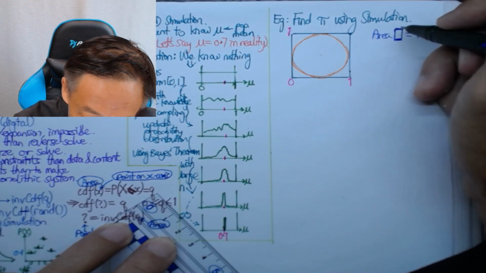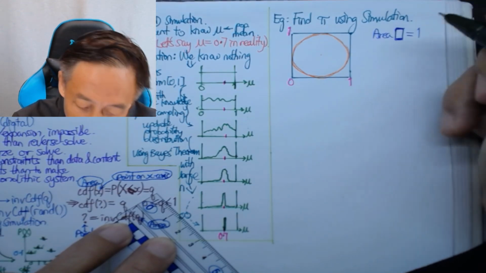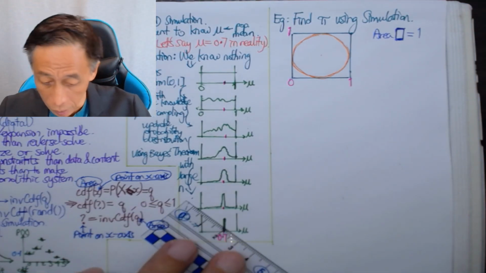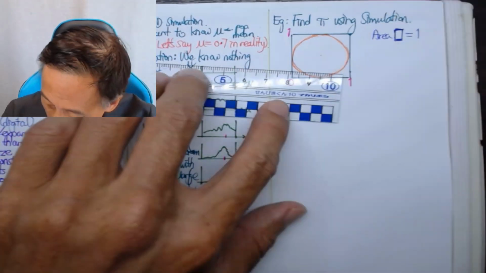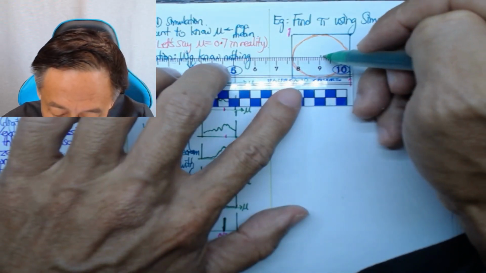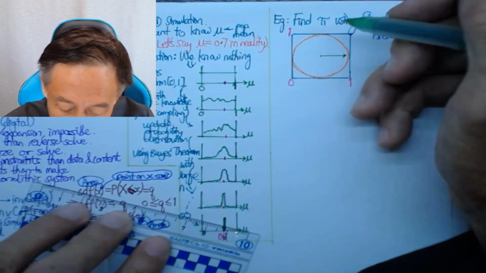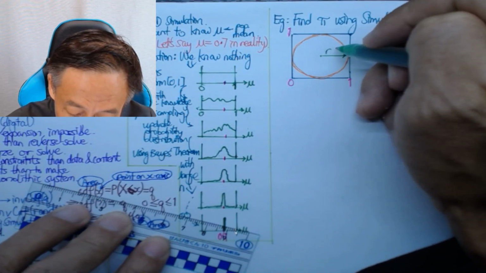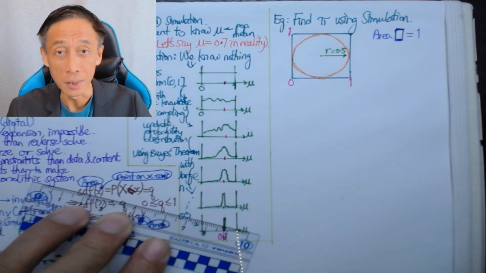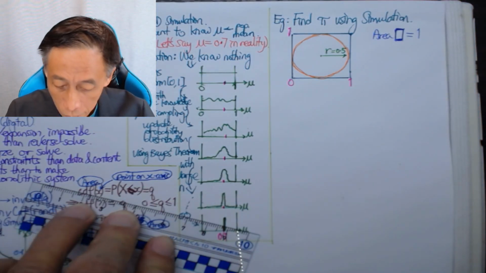Yeah, agree? And because of the way we constructed it, the radius r will be 0.5. I mean, this is necessarily true, right?